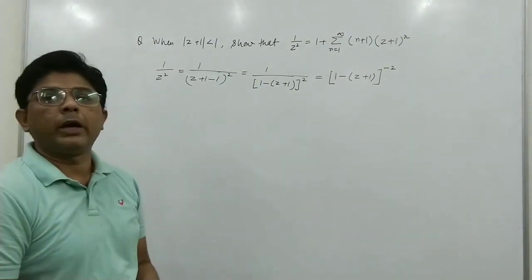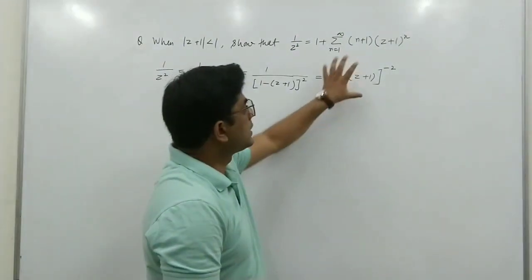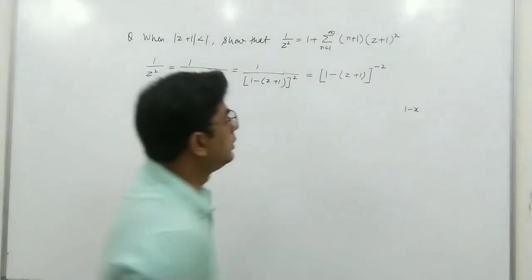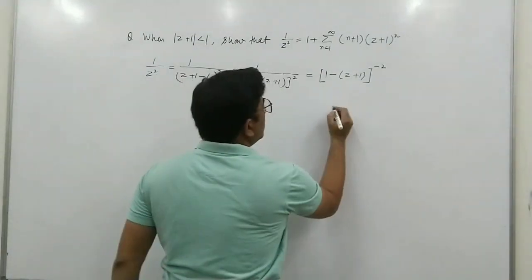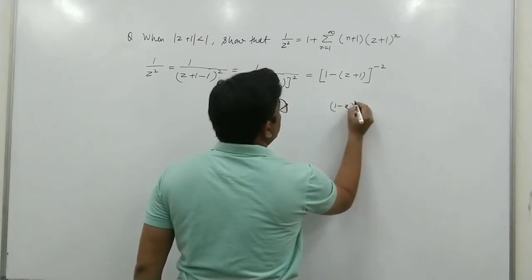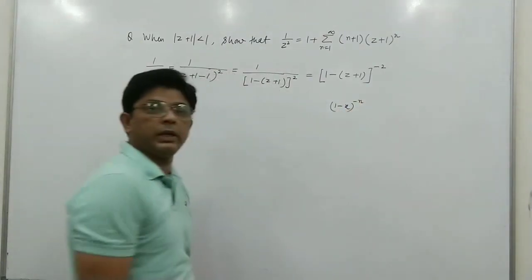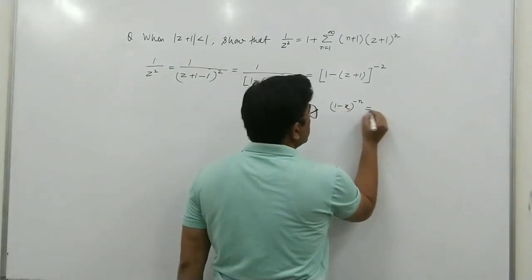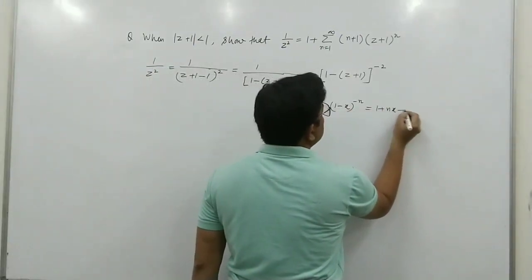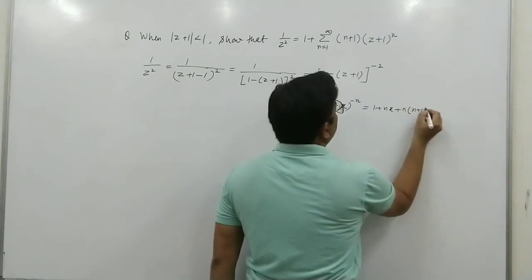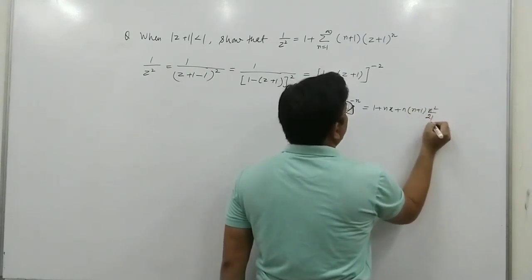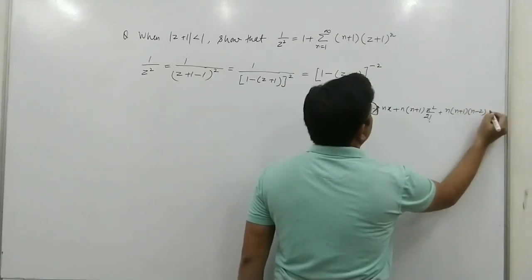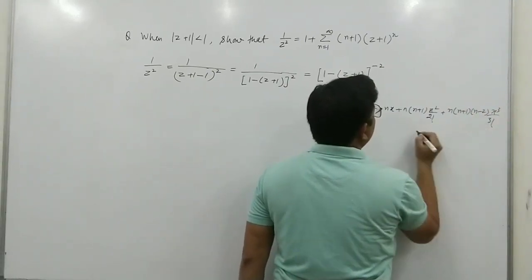Now here we can use the binomial theorem, because this is like 1 minus x. Okay, this function is like (1 minus x) to the power minus n. So we know that the expansion of this binomial series is 1 plus nx plus n(n plus 1) x square upon 2 factorial plus n(n plus 1)(n plus 2) x cube upon 3 factorial and so on.